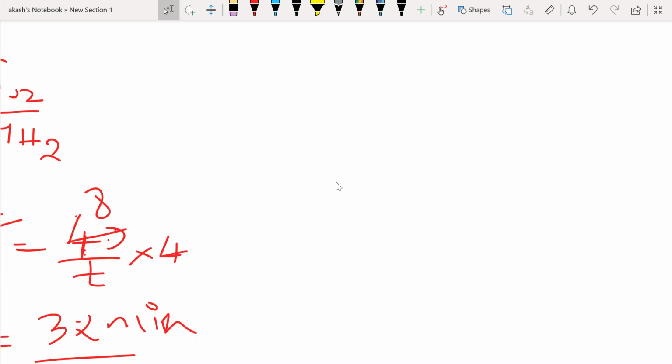It takes 130 seconds for 10 ml of an unknown gas under identical conditions to effuse. They're asking what is the molar mass of the gas. Last time everything else was given and the time was asked. This time everything is given, and the molecular mass is asked for the unknown gas. So again, two formulas: one for calculating rate, second for comparing the rates.